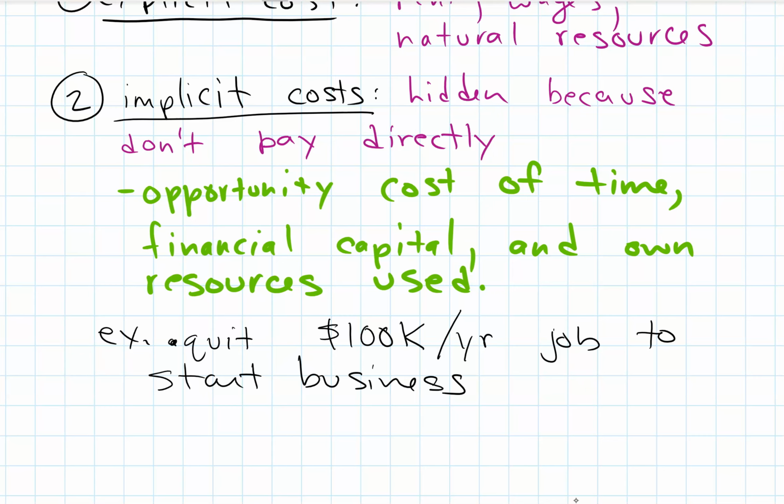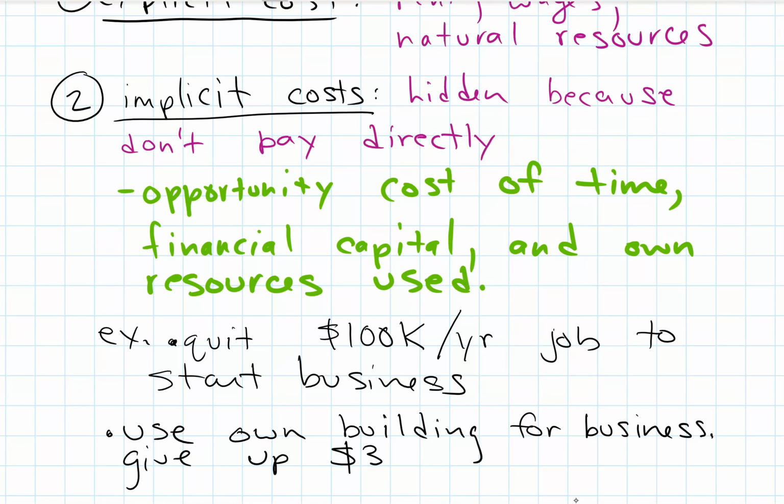Now, accounting wouldn't necessarily consider that because it's not something you have to pay, but it is something you're giving up. So it is the relevant comparison, at least for the way economists think about this. Let's say you use your own building for the business, and you give up.